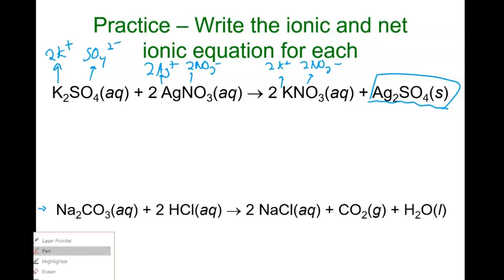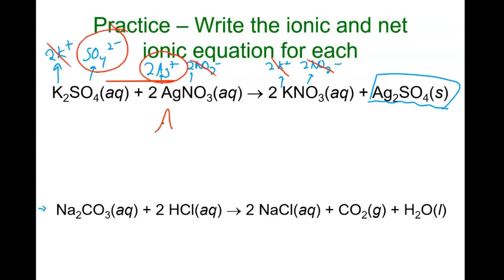So we look at this and we look at what is the same on each side. Well, that's the same. NO3, NO3, K, K. So what actually happened in this reaction is we have 2 Ag pluses and 1 SO4 2 minus creating Ag2SO4 solid.